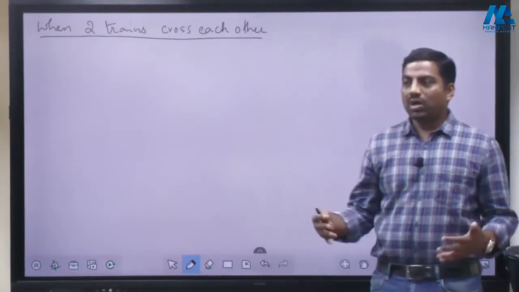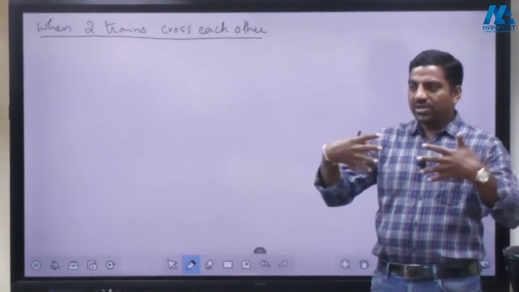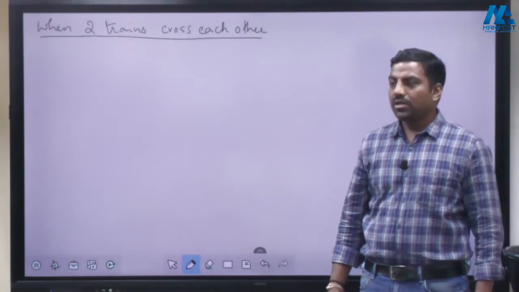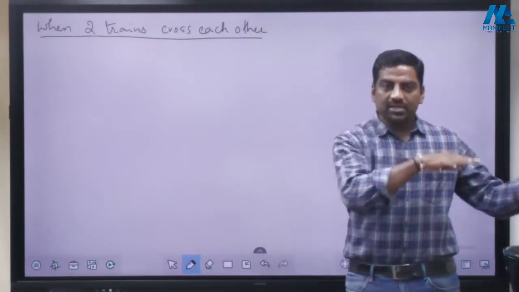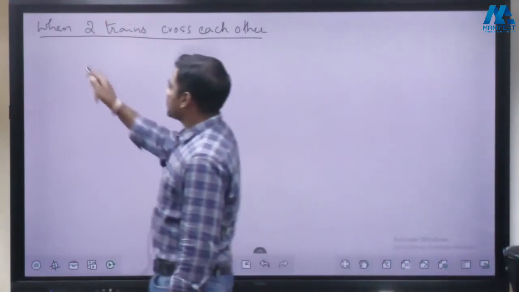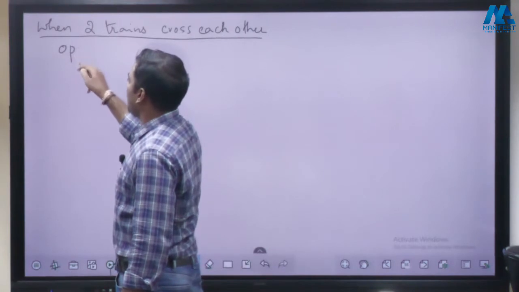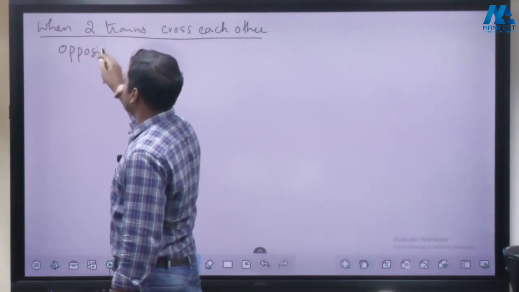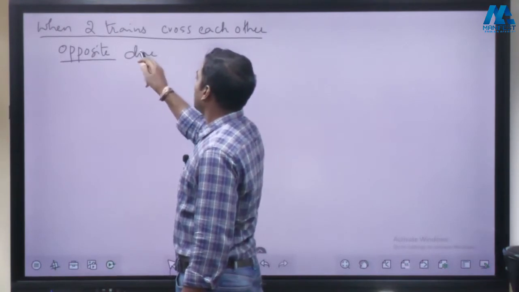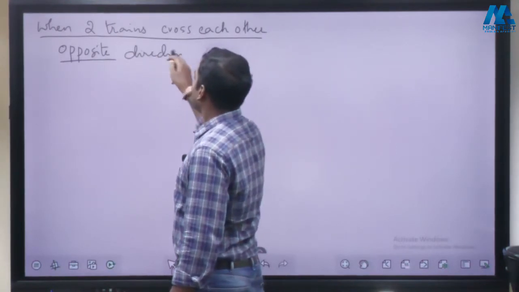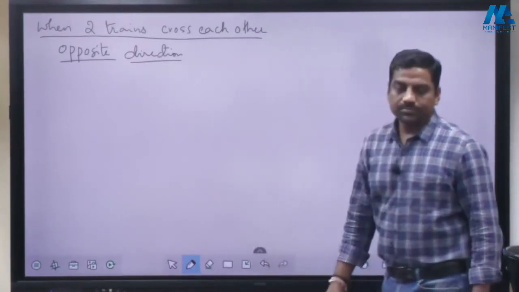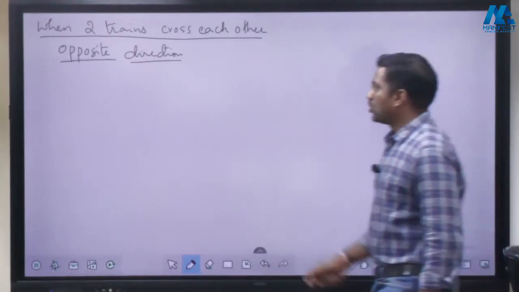That means one scenario when the trains are moving in opposite direction, and another scenario when the trains are moving in the same direction. Done? Yes. So first we will take when they are moving in opposite direction. So how does it look?